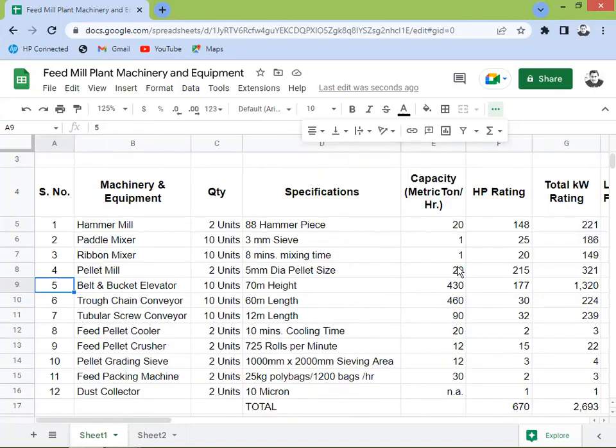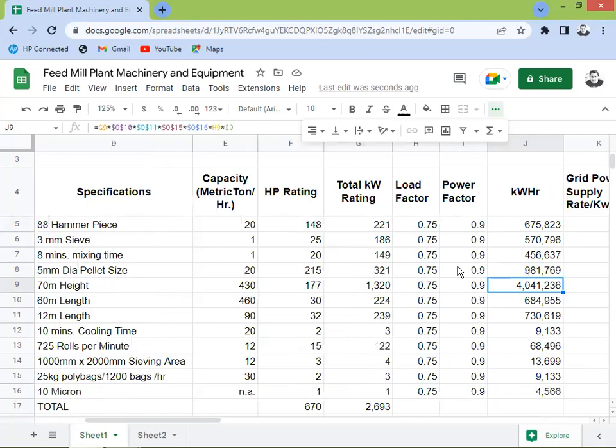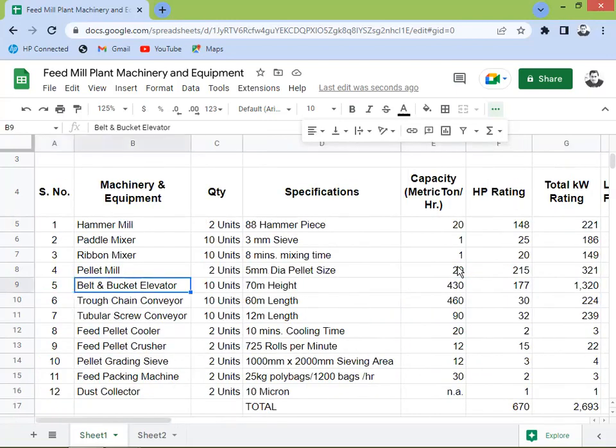By the way, I have not included the other equipment and also the lighting system. The lighting system is minimal, the kilowatt rating of the lights is not that high. But when you're doing your planning session, you include all the equipment or devices that require electricity.